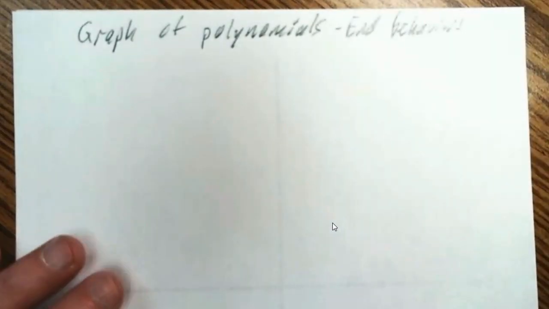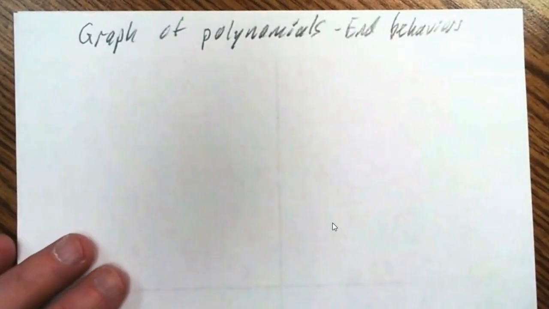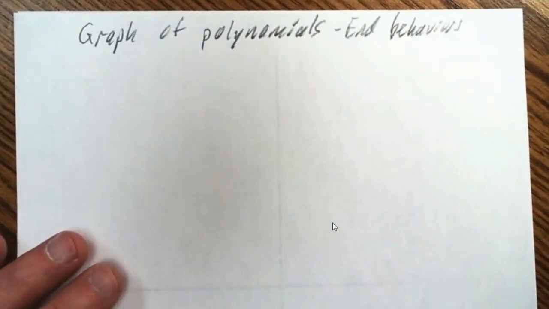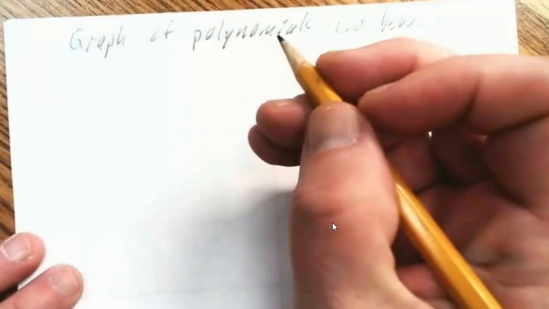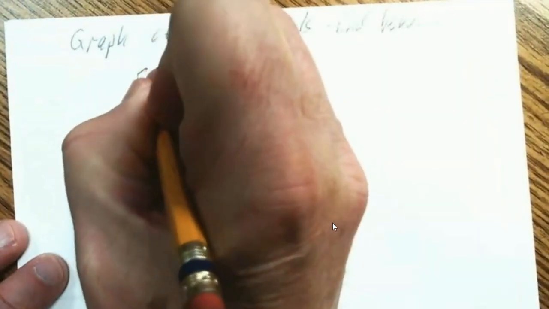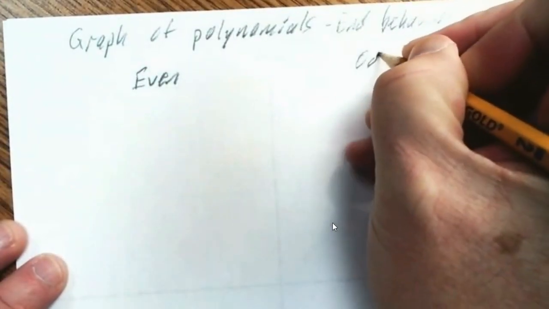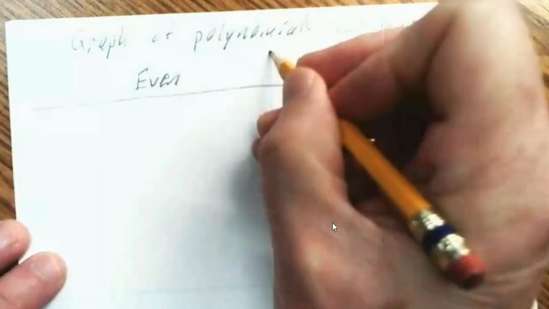End behaviors. All right, that light's too bright right there. Okay, if it is an even function or an odd function, even or odd, that's really our two choices.